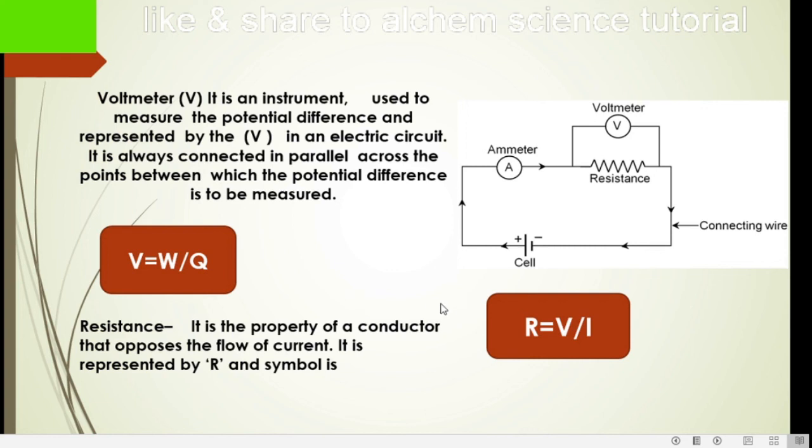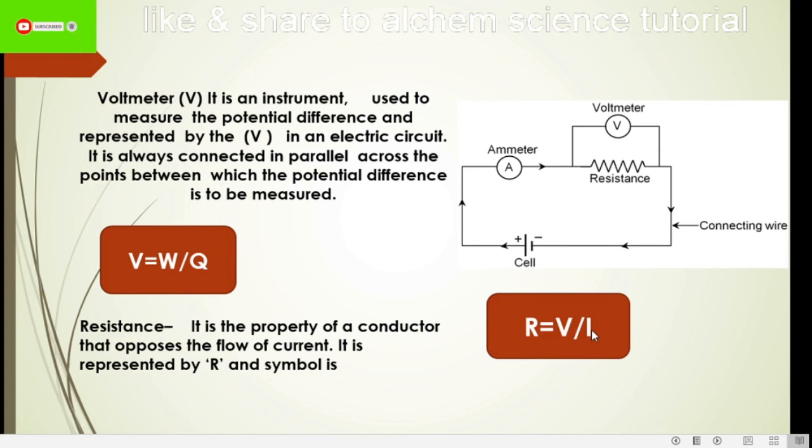Such a property is called resistance. It is denoted by capital R, and the mathematical equation of it is R equal to V upon I. Here R is resistance, V is voltage, and I is current.